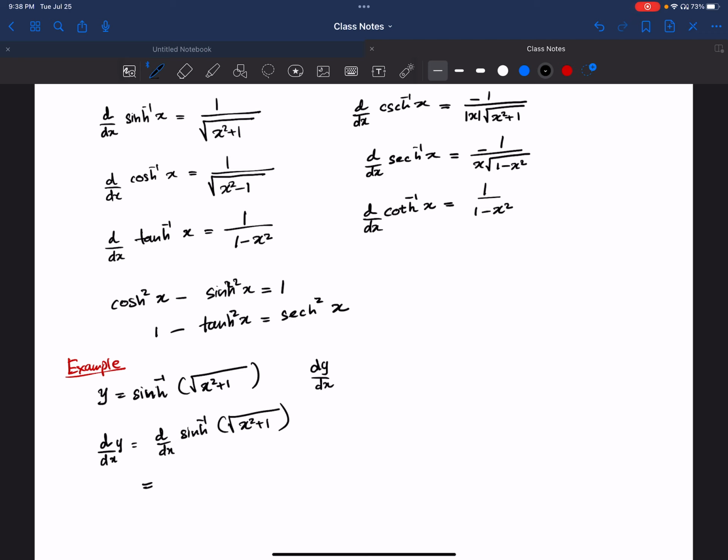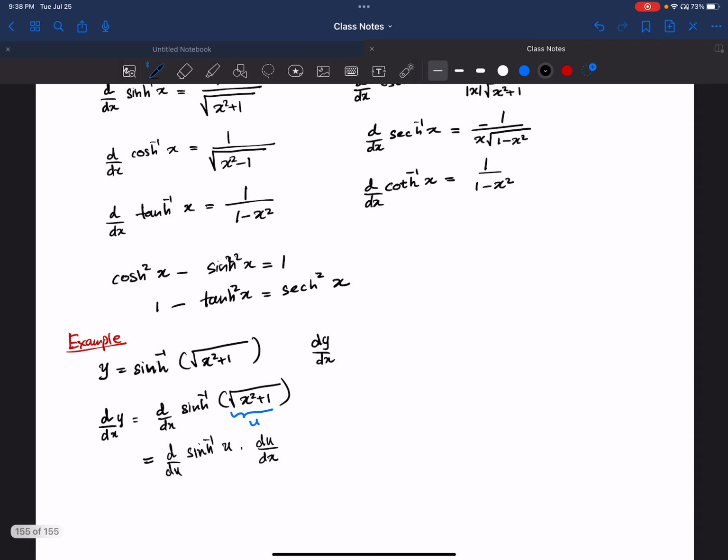If you take this as u, you can write the chain rule d over du sinh inverse u times du over dx.